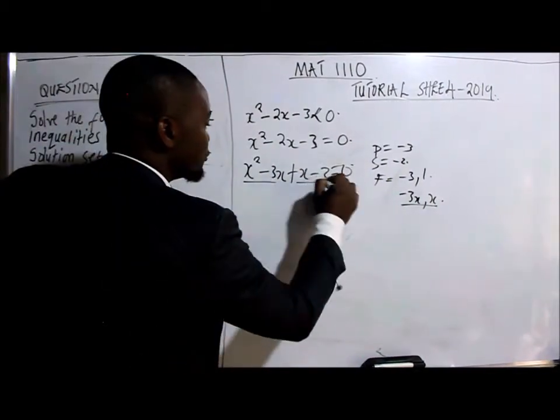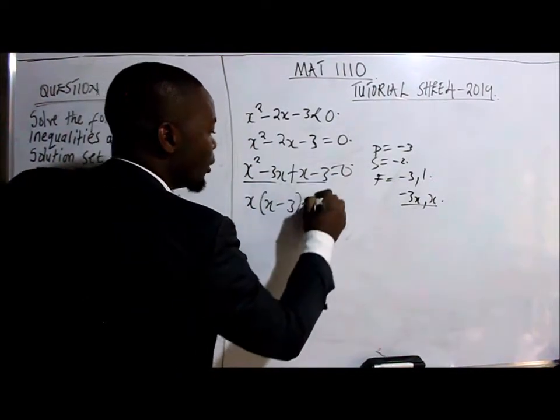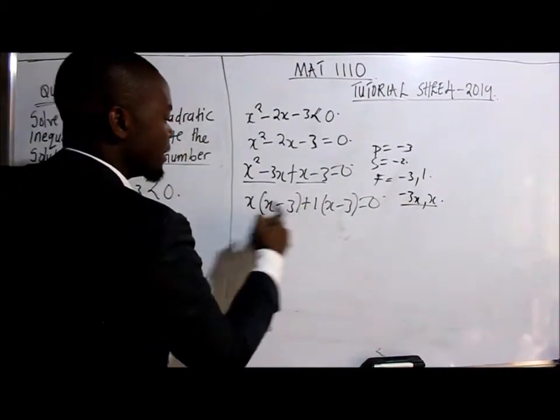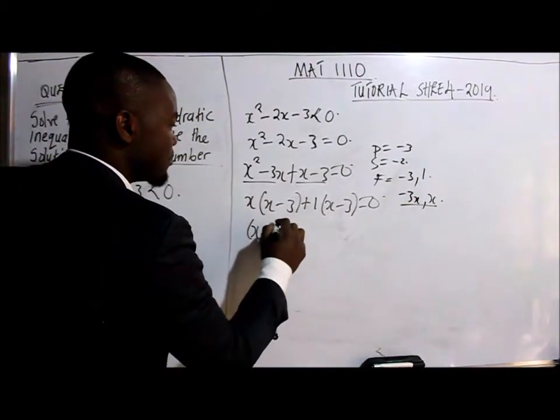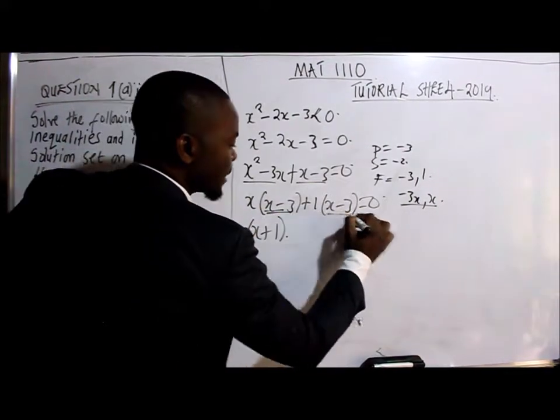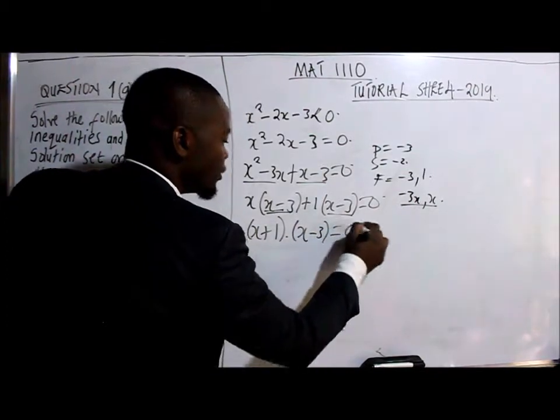Here you factorize in pairs. I've got x times x minus 3, plus what is common here, 1 times x minus 3, is equal to 0. Whatever is outside, you bring together, plus 1. Since this factor and this factor are the same, you take one of them: x plus 1 times x minus 3 is equal to 0.